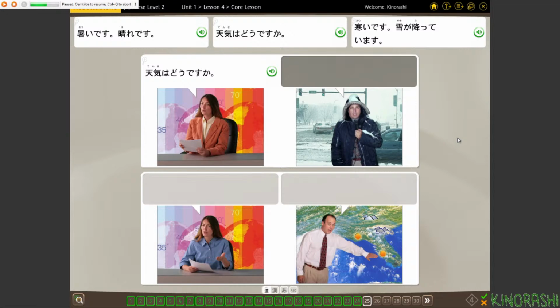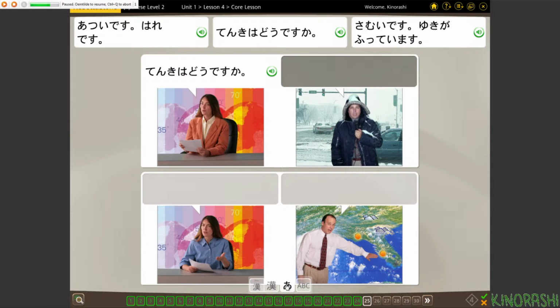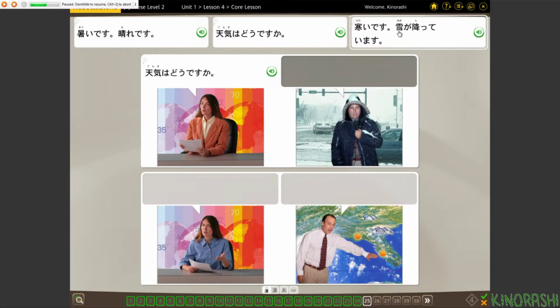So 天気はどうですか？Samui desu. Yuki ga futte imasu. Samui, yuki.